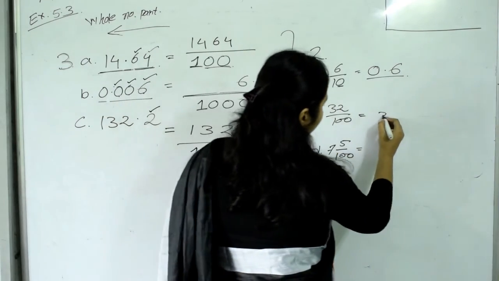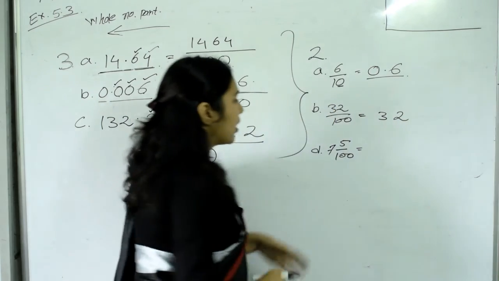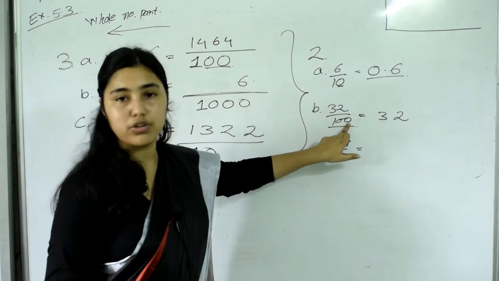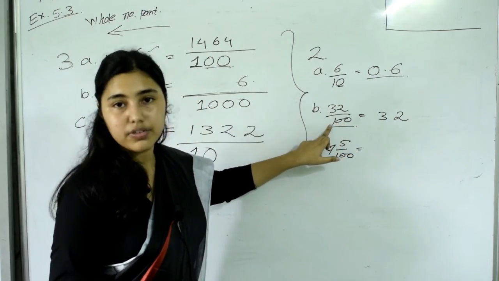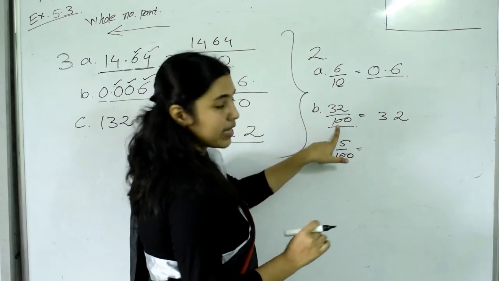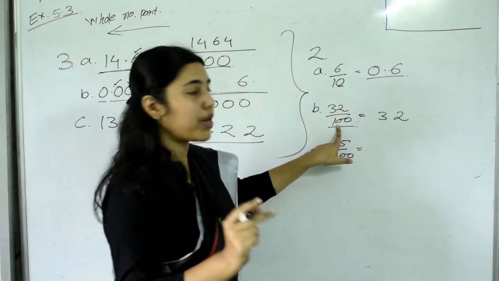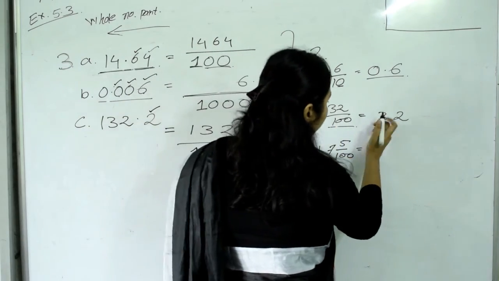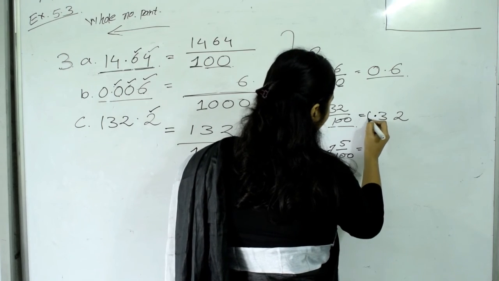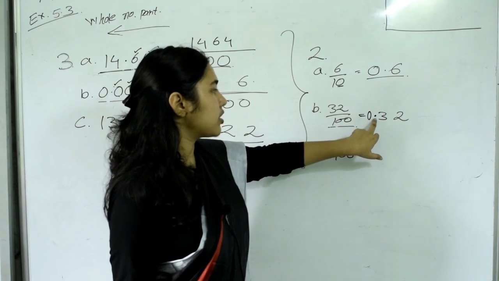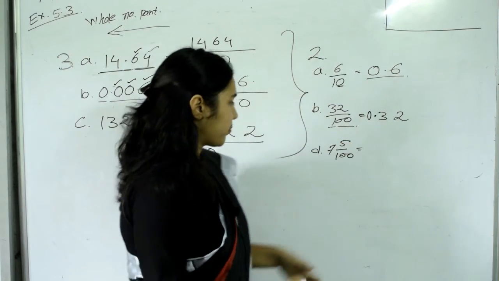Next, 32 by 100. Here in the denominator we have 2 zeros followed by 1, right? So place the decimal point before 2 decimal places. So 1, 2, so place here this point and take 1 0. So our answer is 0.32.